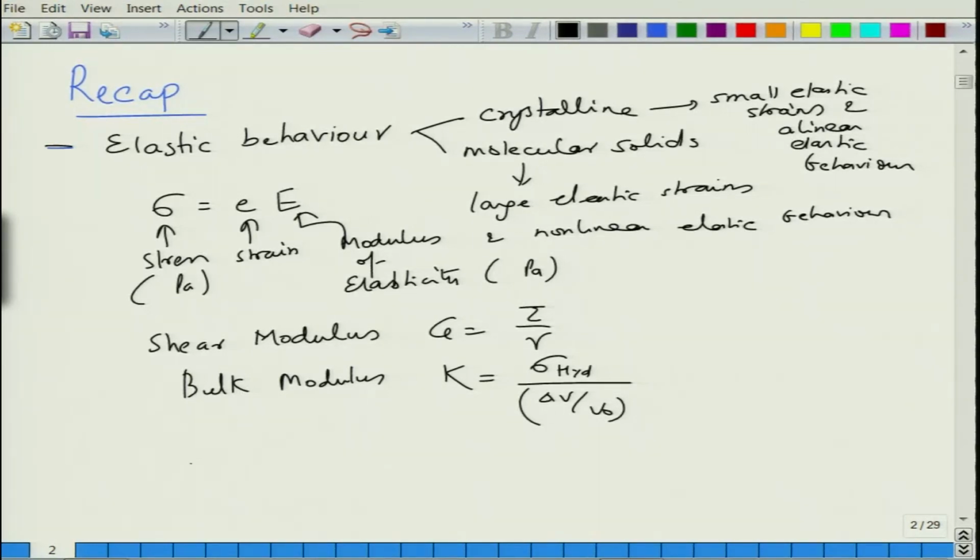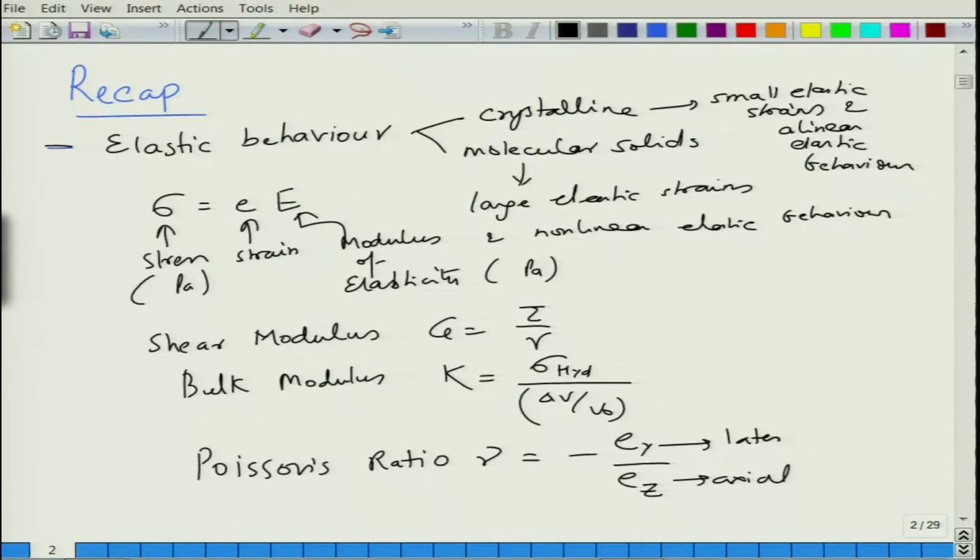Another quantity we defined was Poisson's ratio nu, which is the ratio of transverse or lateral strain to axial strain, with axial at the bottom and lateral in the numerator.